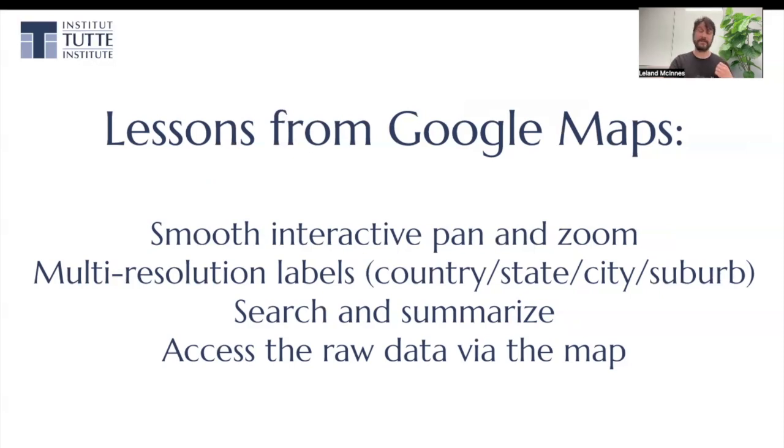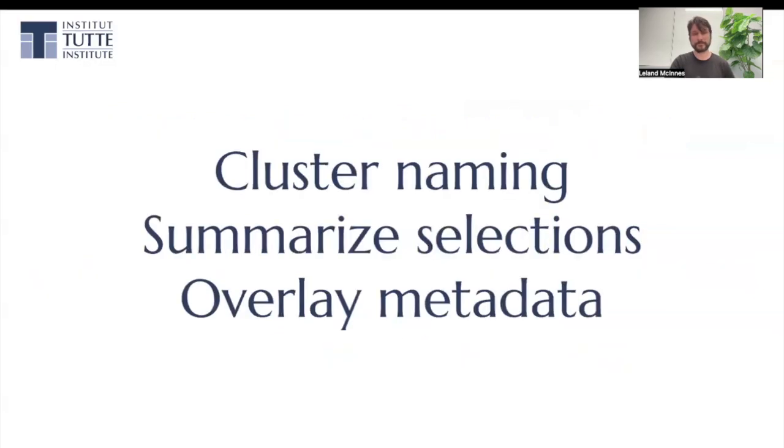So I can, in a Google map, click on a point, and if it's a famous building, it will tell me all about that, and so on. Getting back to that core information that we actually want to understand, this is also valuable. We need to link that through whatever map we present. So that means we need cluster naming, we need to summarize selections, we need to be able to overlay metadata to see how that metadata looks with respect to the visual representation we've provided.